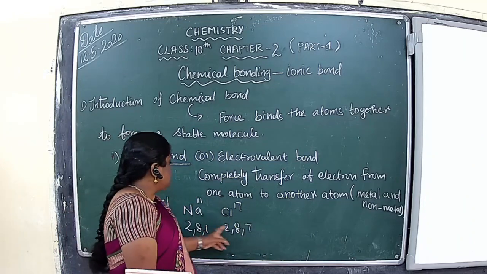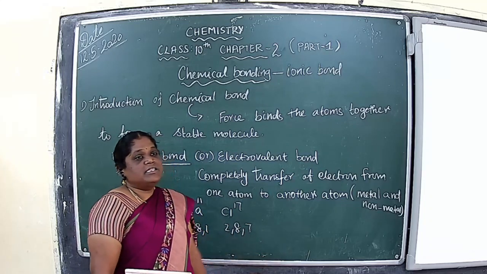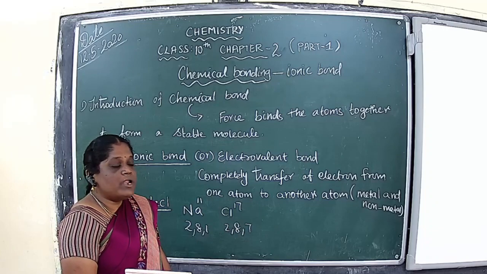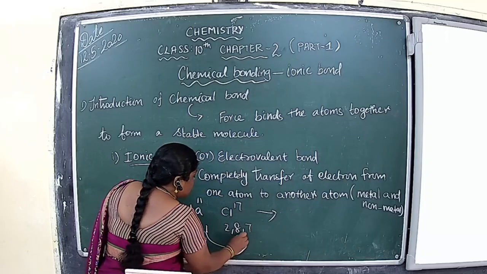If it gains 1 electron, it will become 2,8,8. The nearest noble gas is argon. What is the nearest noble gas? Argon. So 1 electron will go here.